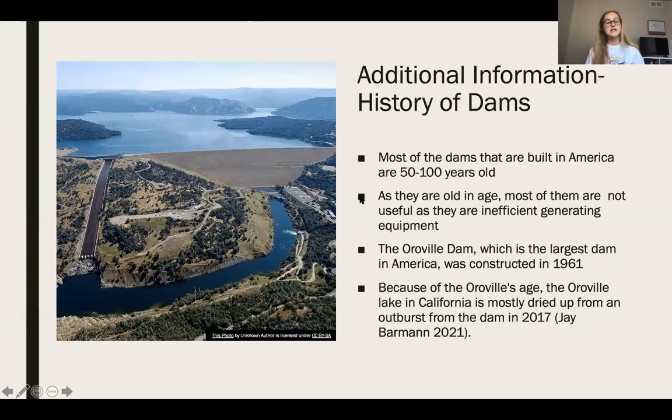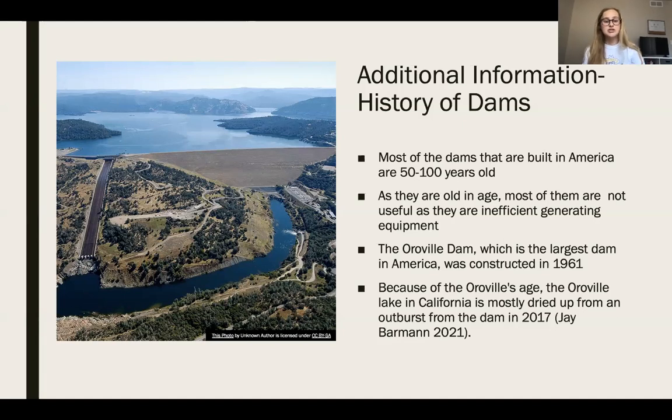For additional information, I found history on dams because I wanted to know how long they have been around and how long they have been affecting America or the world in general. Most of the dams built in America are 50 to 100 years old, which is a very long time. As they are old in age, most of them are inefficient generating equipment because they were not built to last that long.